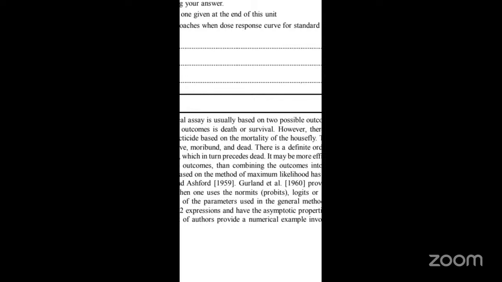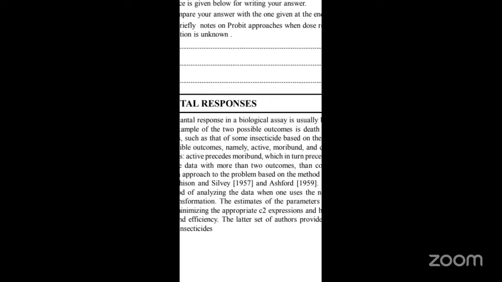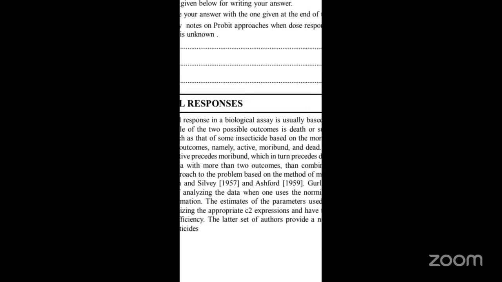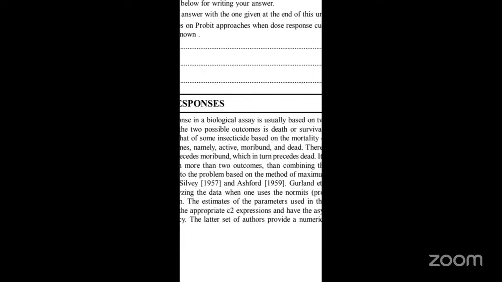There is a defined order of these outcomes: active precedes moribund, which in turn precedes dead. It may be more efficient to use such categories.